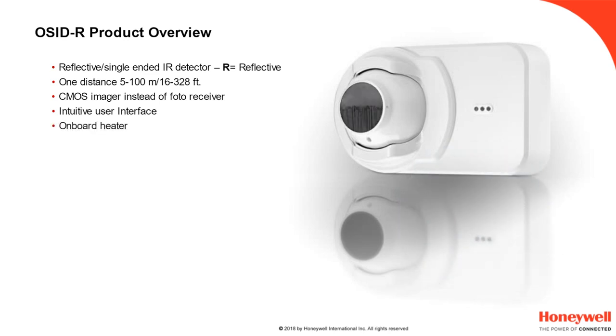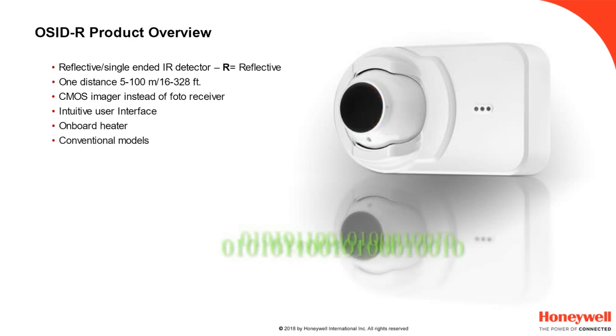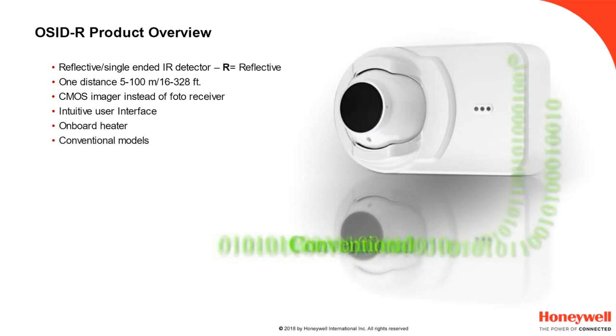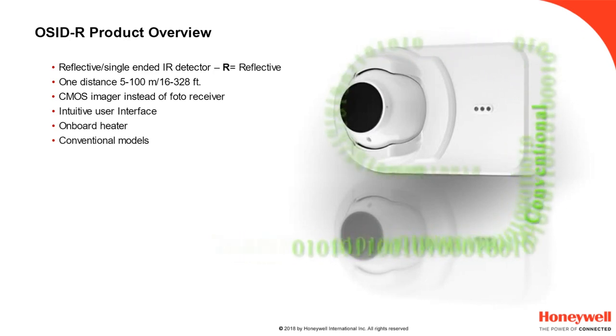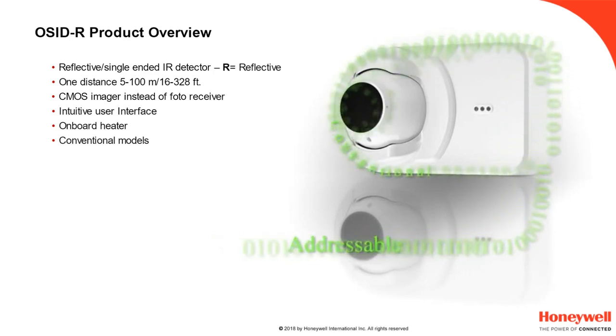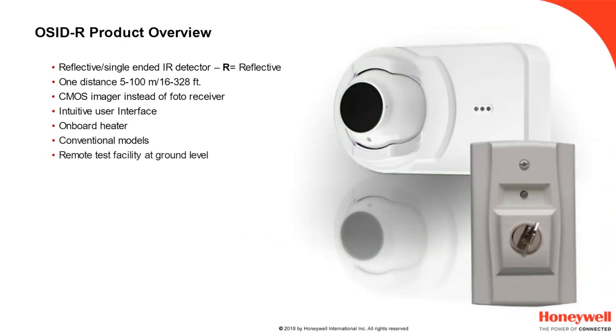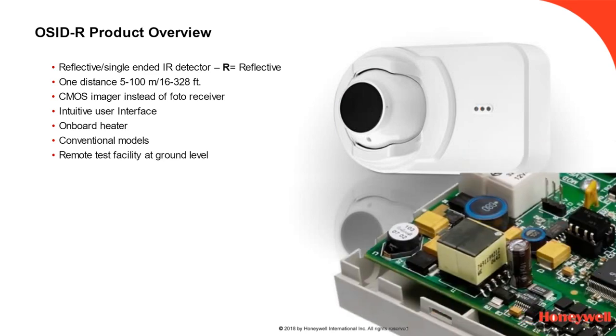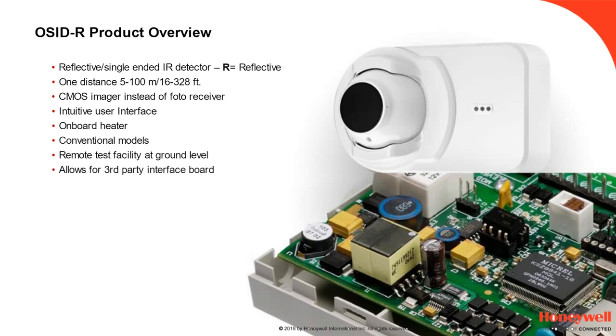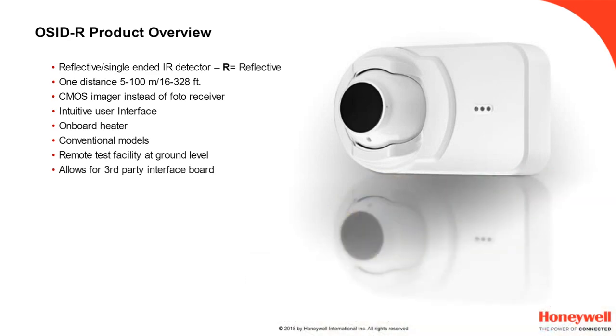An onboard heater is available in conventional versions. It can use the remote electronic test station, and has been designed to accept third-party interface boards for addressability and loop communication.